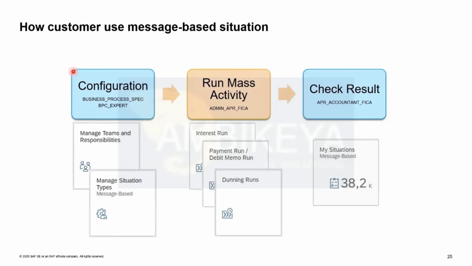How does it look like? At first, you do your configuration. You need to manage teams and responsibilities, who will get those situations which were created. You have to manage those situation types. Then, you run the mass activities or mass processes in FICA, for example, running each night or scheduled, like dunning or interest run, and then you have to check the results.